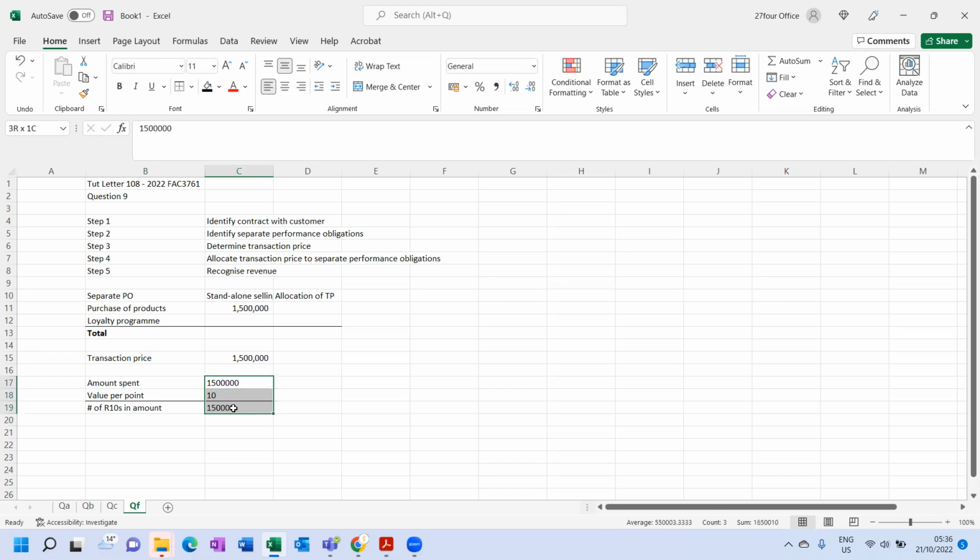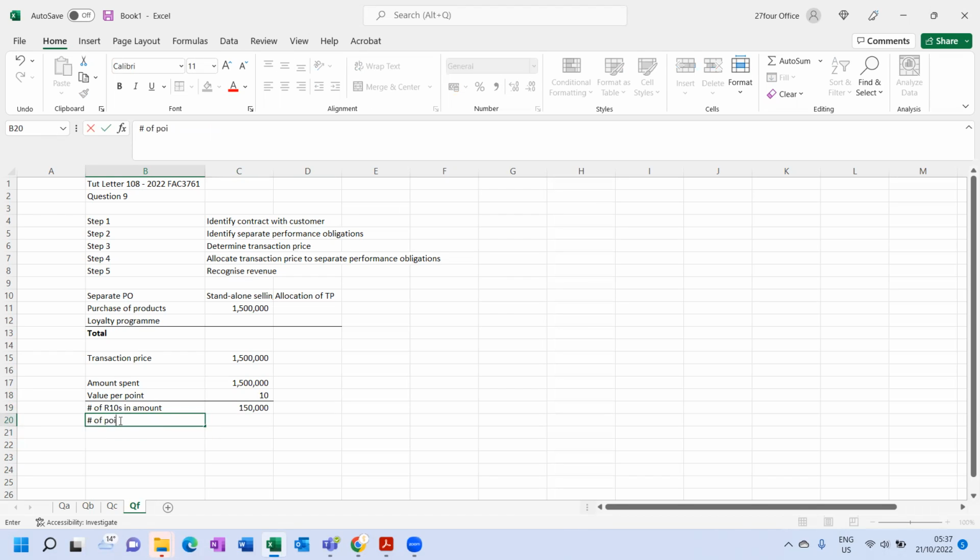So there are basically 150,000 of those. Number of points per 10 rand. There are 150,000 10 rands in 1.5 million, and we get 1 point for every 10 rand. So this will tell us the number of points.